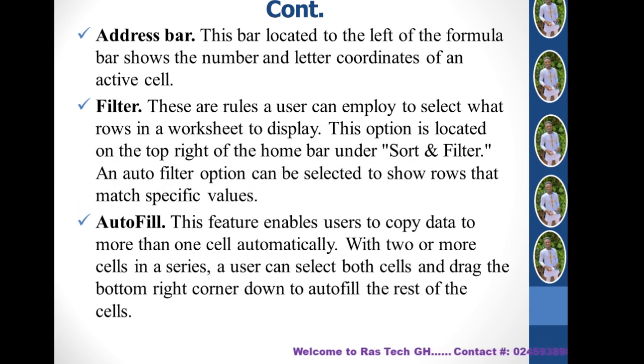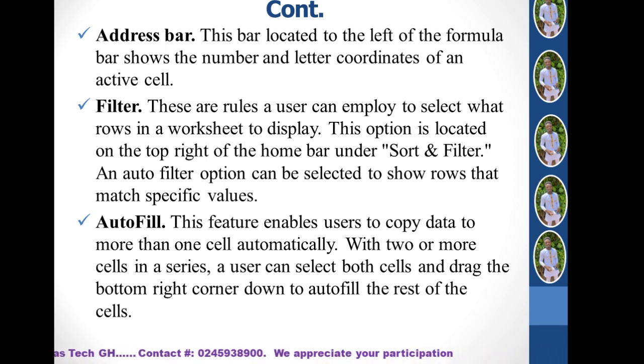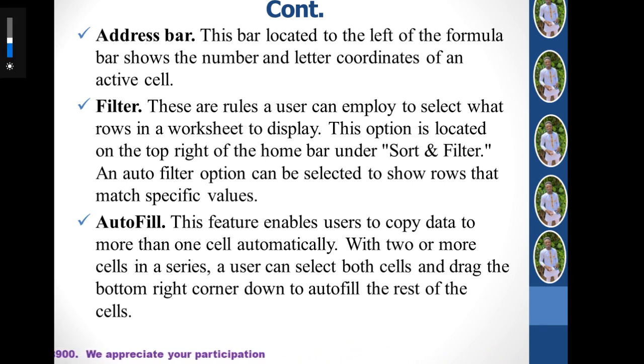Now, autofill. This feature enables users to copy data to more than one cell automatically. With two or more cells in a series, a user can select both cells and drag the bottom right corner down to autofill the rest of the cells.